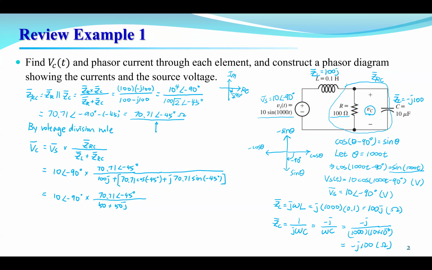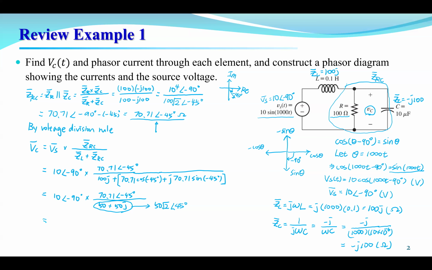Because we are doing phasor division, we need to convert this value into its phasor, which is 50 times square root of 2. Because the real and imaginary parts are both positive, it is in the first quadrant, so the angle is positive 45 degrees.